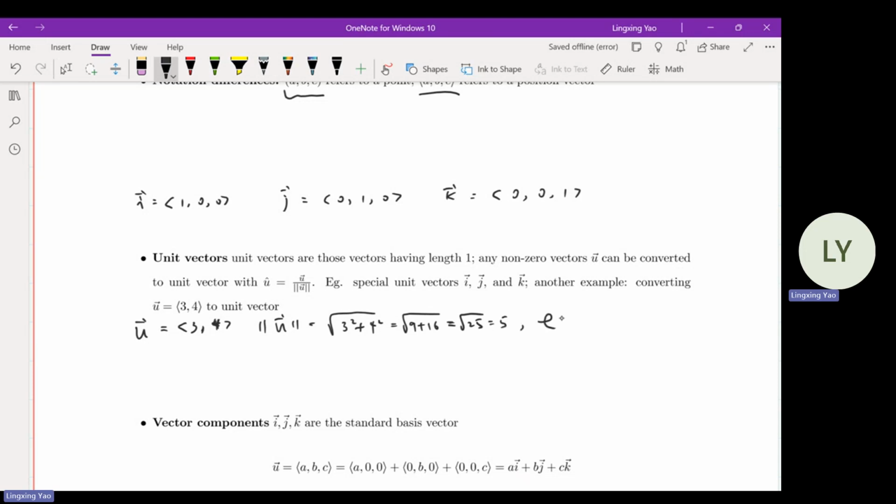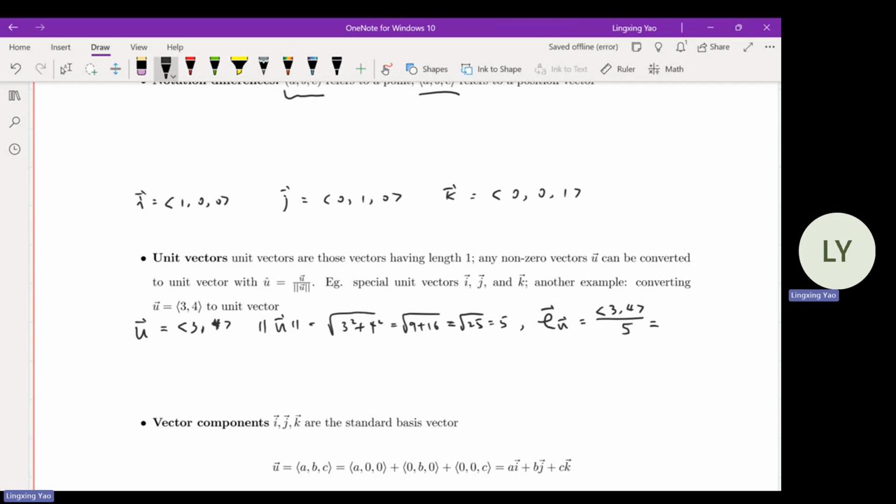So we use the notation E to indicate the unit vector, and the subscript U to indicate this unit vector is aligned with the direction of U, and that is obtained by dividing the original vector U by its own length, which is 5.